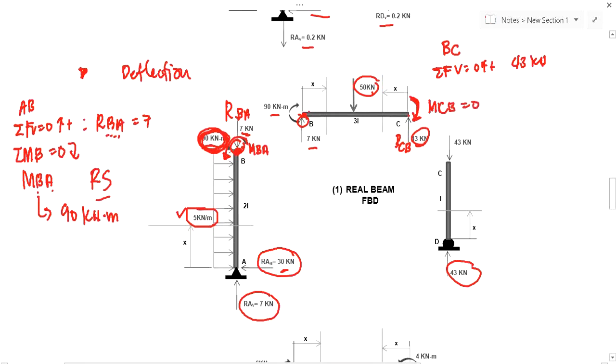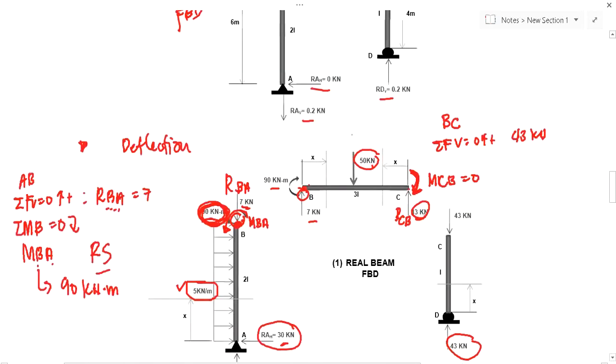Kaya wala tayong nilagay dito. That is negative 50 times, ano yung distance natin dito? 2.5. Negative 50 times 2.5 plus 7 times 5 plus 90. Magzi-zero siya.